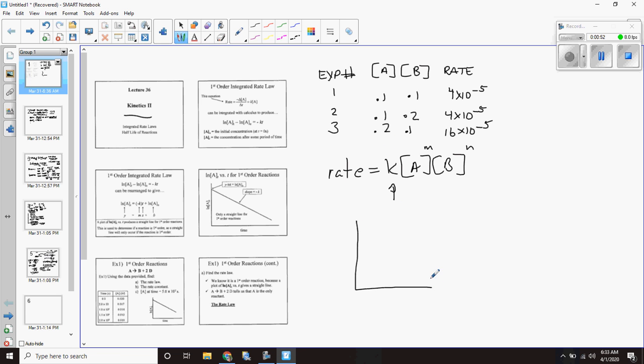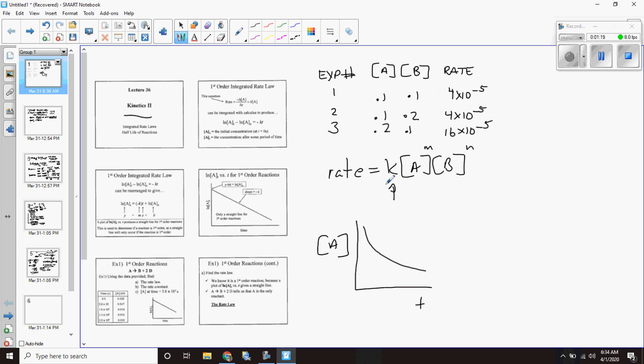information, we're probably going to get, if we graph the change in concentration of A with respect to time, and A and B are reactants, something like this, with change of concentration versus time. But you notice nowhere in this process are we able to actually determine the concentration of A or B as a function of time.